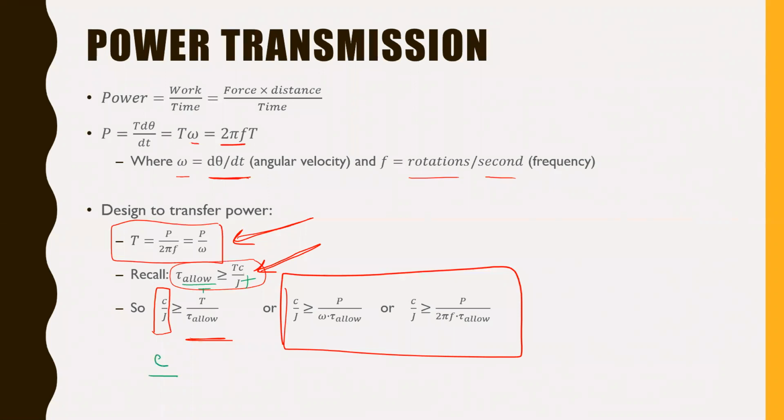So C over J should equal tau allowable over torque, which then means these must be upside down as well.